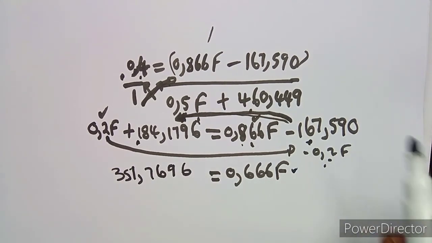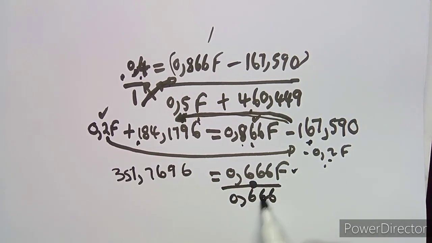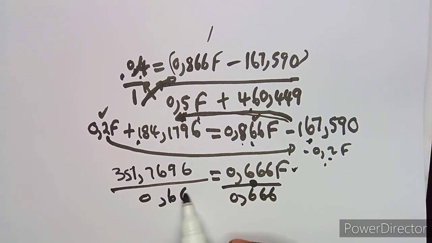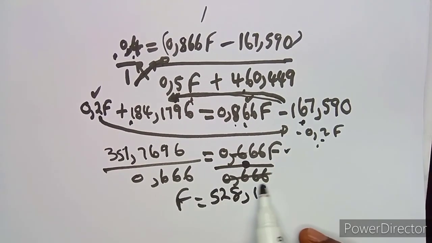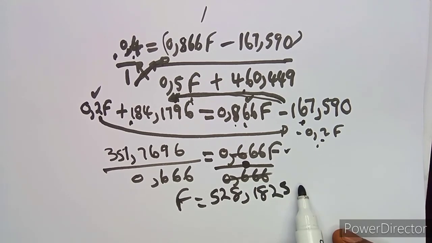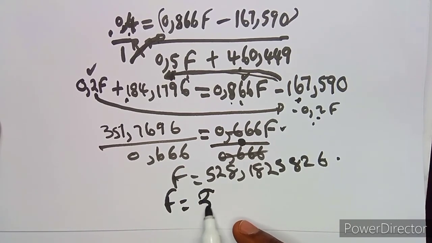So in order for you to find f, as you can see, you're multiplying, so you have to divide both sides by 0.666, which is going to give you f, which is this decimal. You can just round off to 3 decimal places and see what you're going to have.